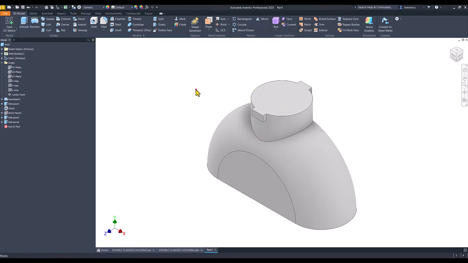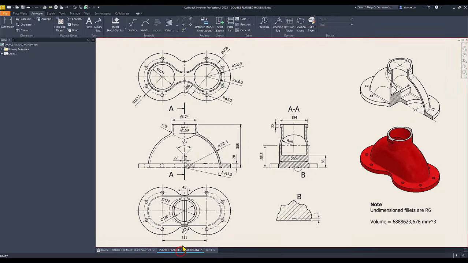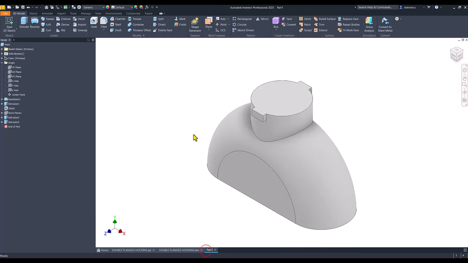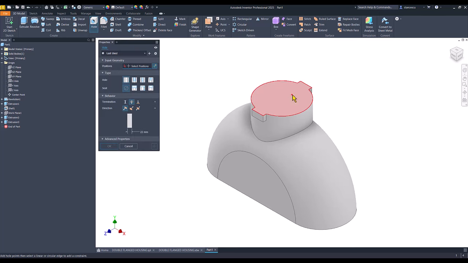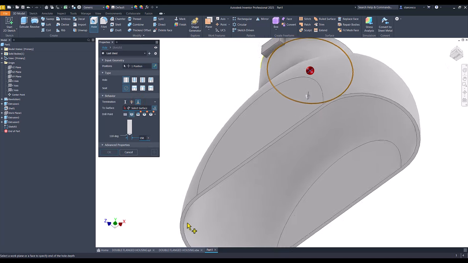Okay. Then the hole, the big hole, 150. Hole, this face, this center, 150, to this plane.